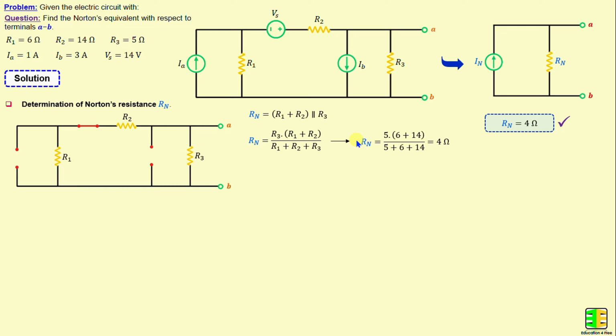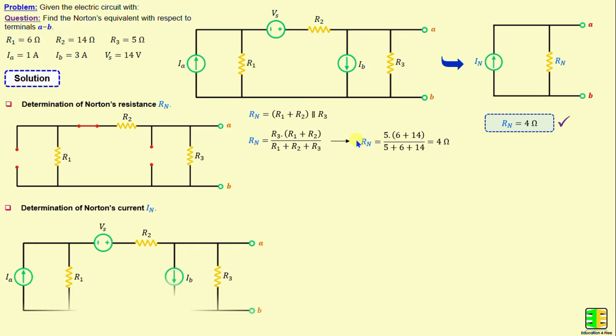After finishing the determination of the Norton's resistance, we proceed to calculate the Norton's current IN. The Norton's current is basically the short circuit current calculated between terminals A and B. The resistance R3 is short circuited, meaning no current flows through the resistor R3.